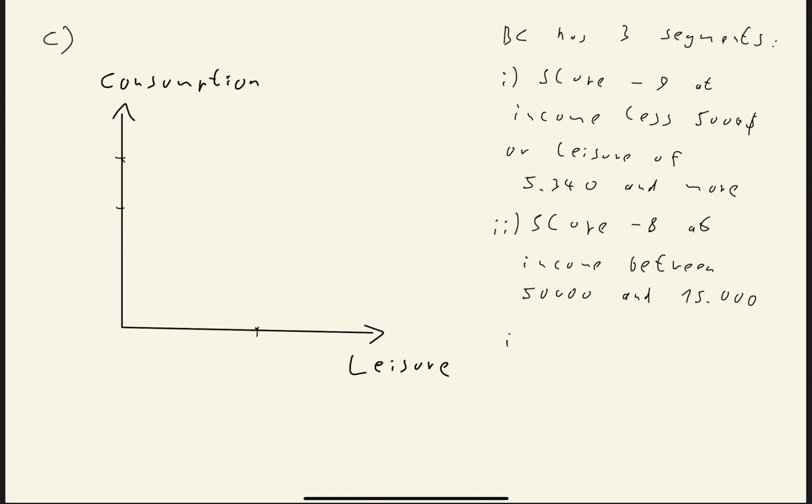And third, there is a slope of -7 for income above $15,000.